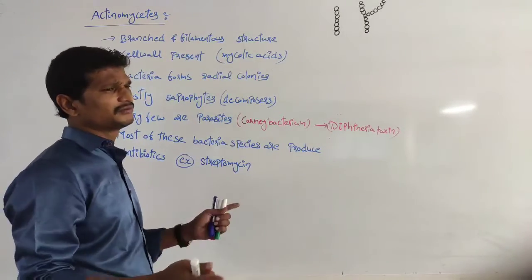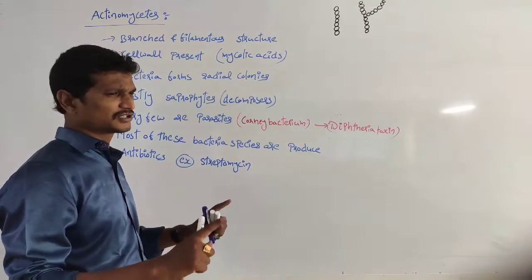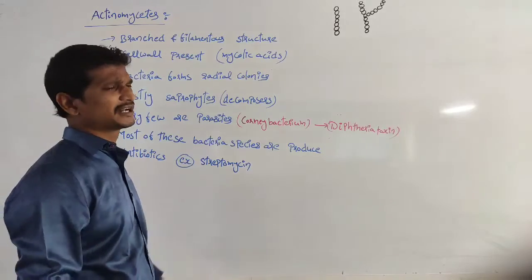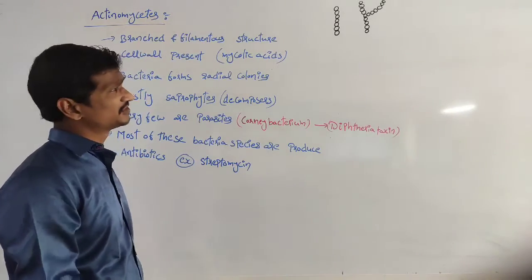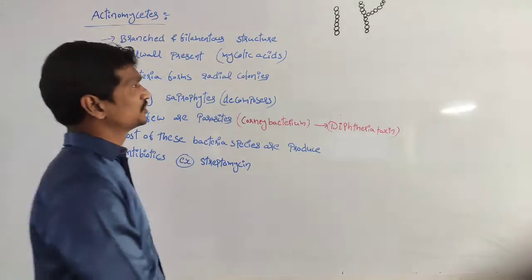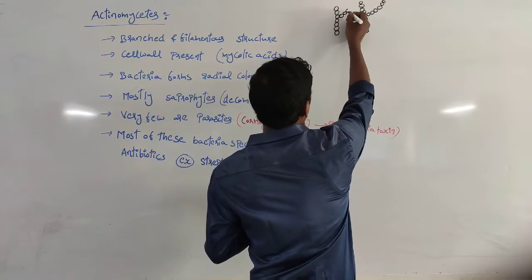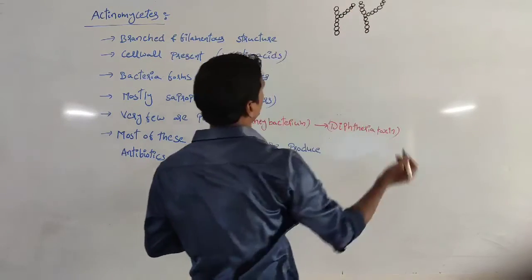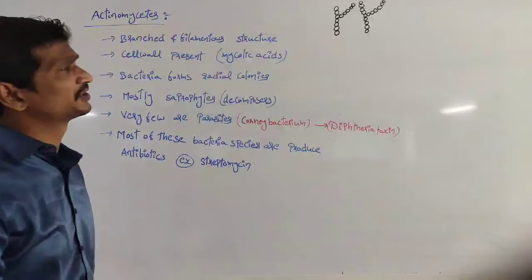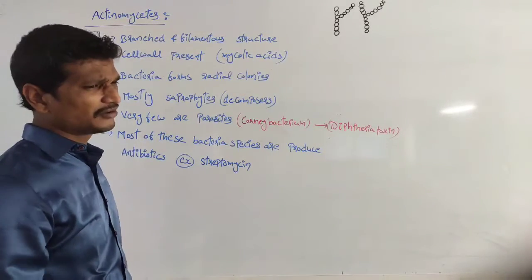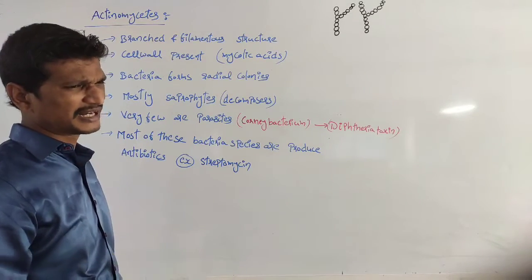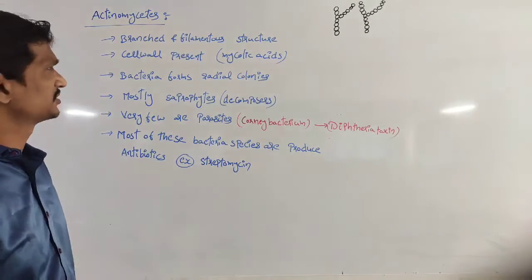Some of the bacteria form branches. For suppose this is one filament, and in certain cases it interacts with a few bacteria and again forms a branch structure. So they have the capacity to form branches and filament structures.